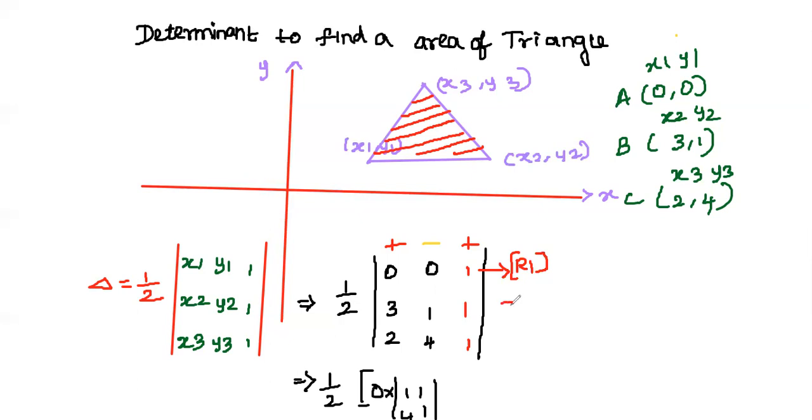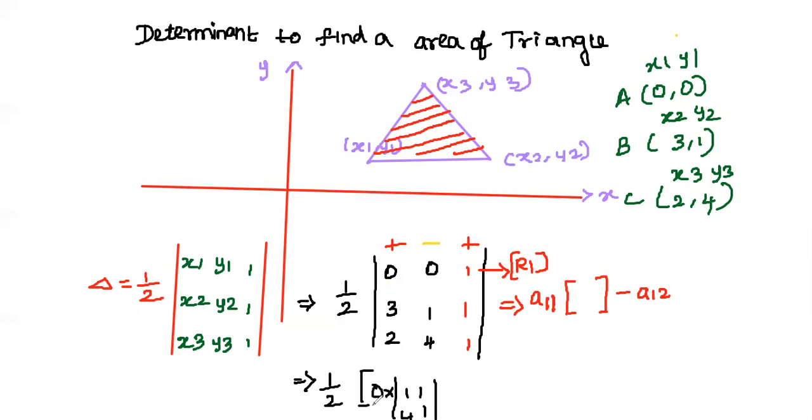I'll write the general form of the expansion of row 1. The expansion of row 1 technique is, first you have to write A11 and then you have to write its minor and then minus A12, because for A12 it is minus. A11 means the value which is present in the first row, first column. A11 is 0, right?